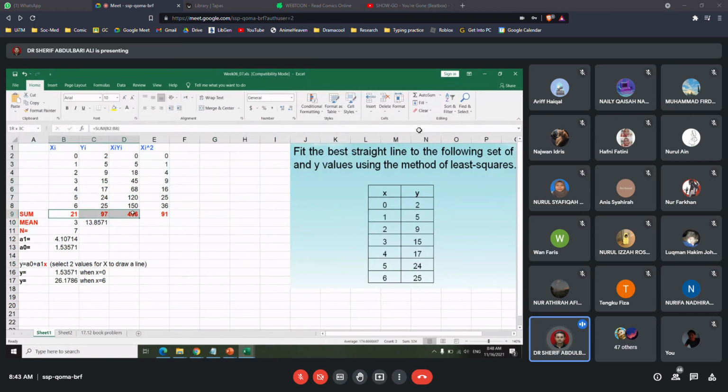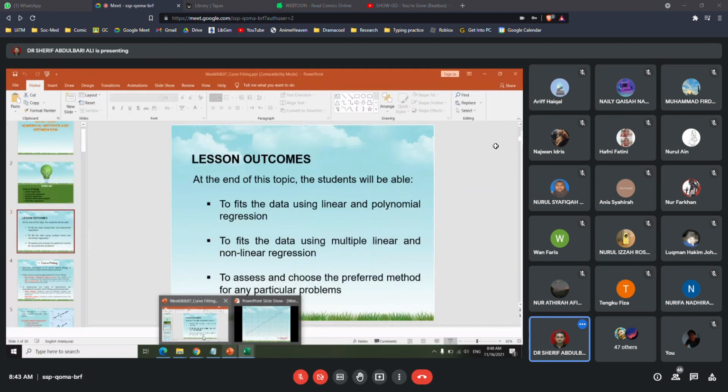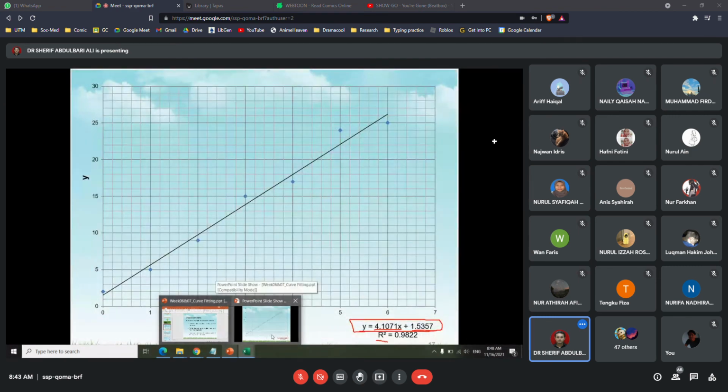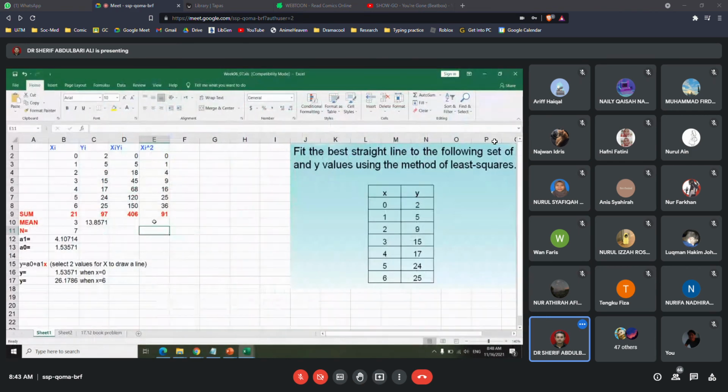Maybe your values here are not correct. You check those values. Or maybe your n, it's supposed to be your n.